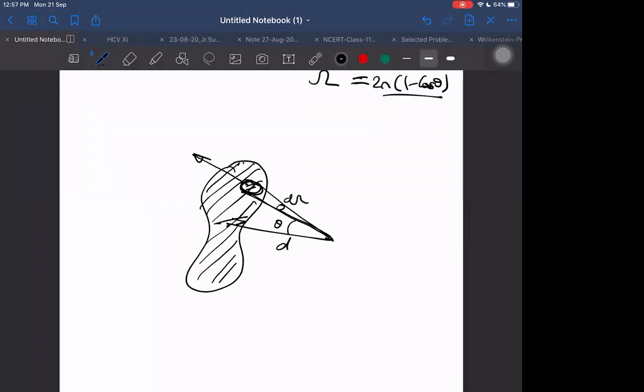Then again, if I want to find the field along the perpendicular direction to this, it will come out to be dE perpendicular, which will be again the same as before, g into sigma into total omega only.